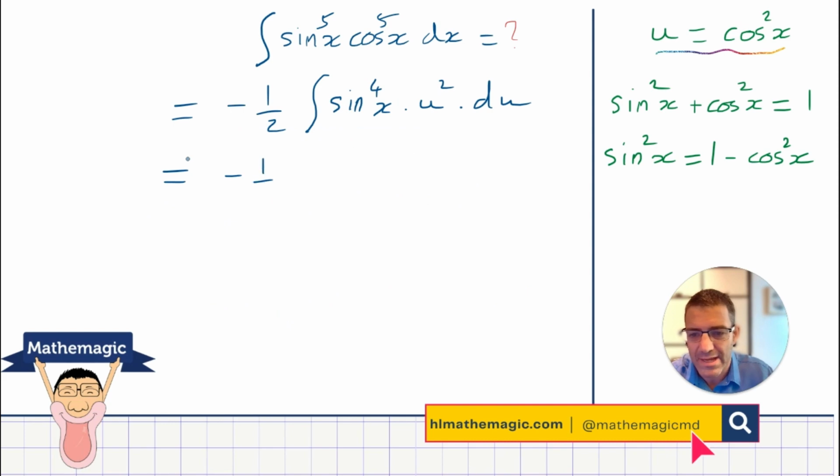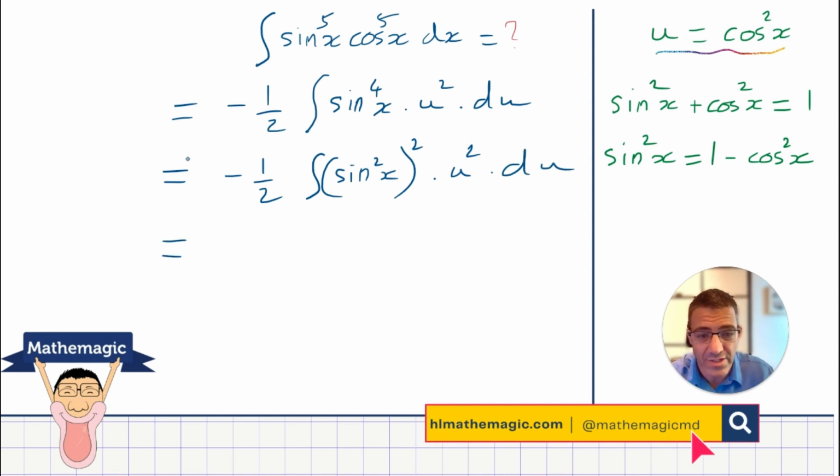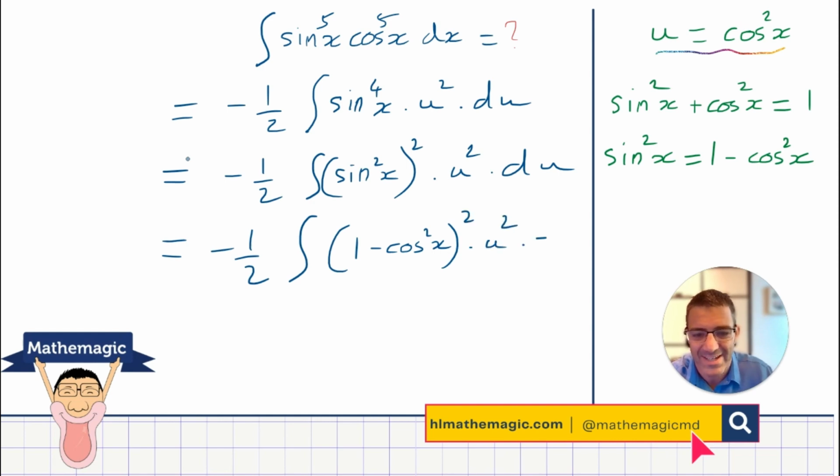We'll have minus a half of the integral of sine squared x squared, which is going to be equal to sine to the 4, times u squared, and then times du. Now for our next step, we're going to change the sine squared into the 1 minus cos squared. So we can say minus a half of the integral of 1 minus cosine squared x squared times u squared times du.